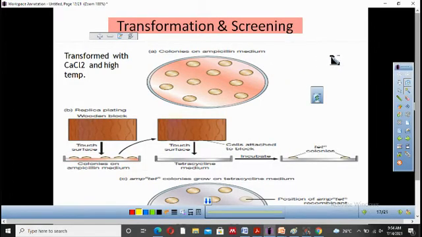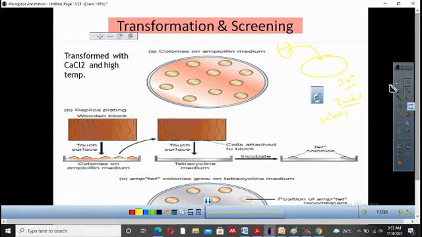You prepare a culture media plate, and you have the samples of the inoculum. You pour this inoculum into the culture media and keep it at 37 degrees centigrade in the incubator, and after 24 hours you get the result: the colony will grow.